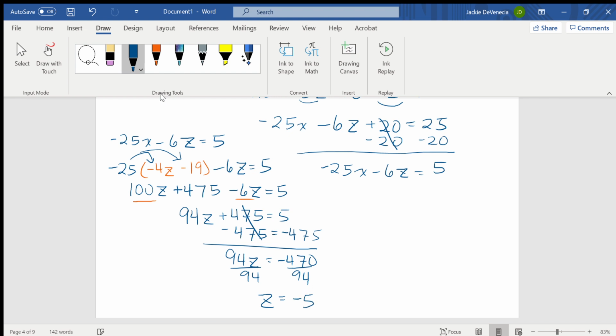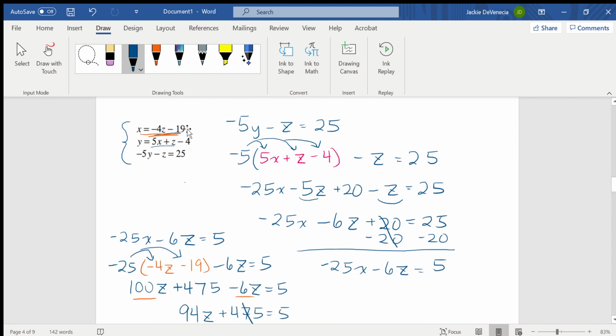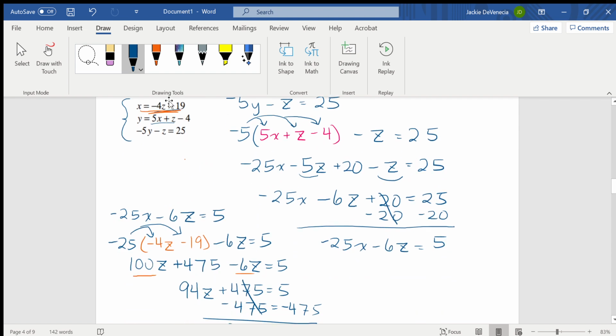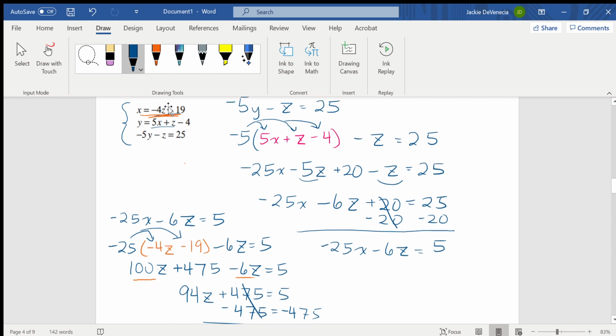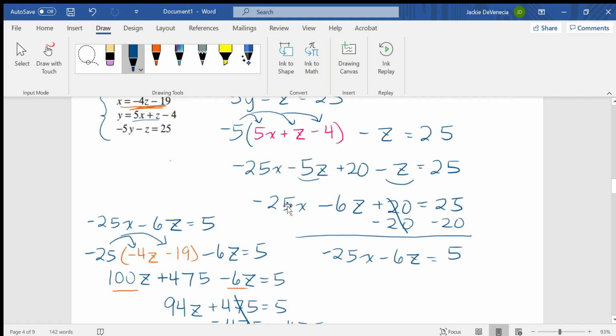-5. Okay, so now we have that value of z, and we can go ahead and just find the other values. So here, it's easier for us to find the value of x because z is just there. We have it's set to a value of z. So let's go ahead and do that.